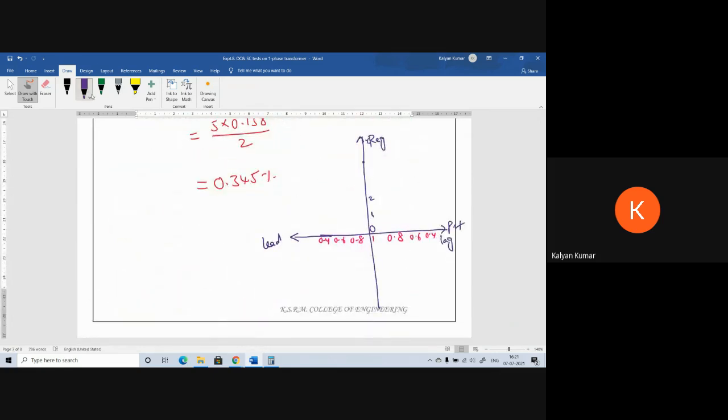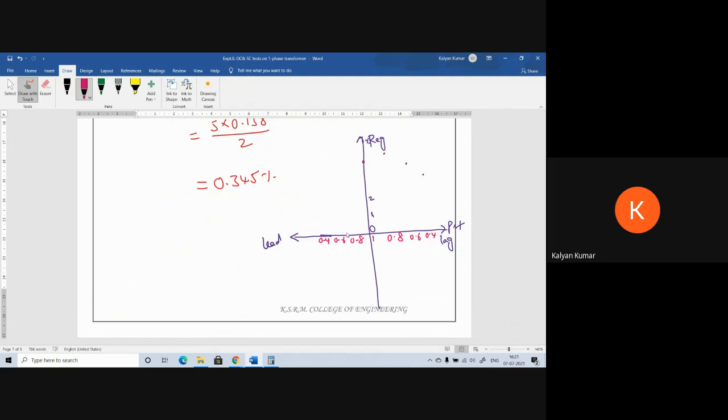Okay. Now, for 0.8 lag, whatever value that we got, we are going to represent on the first quadrant. 0.6, 0.4. So for the lagging power factor case, whatever regulation values we got, we are going to represent on the first quadrant. Next, 0.8, 0.6, 0.4.